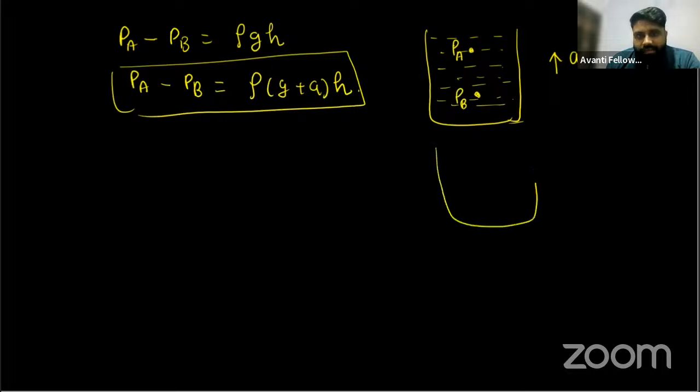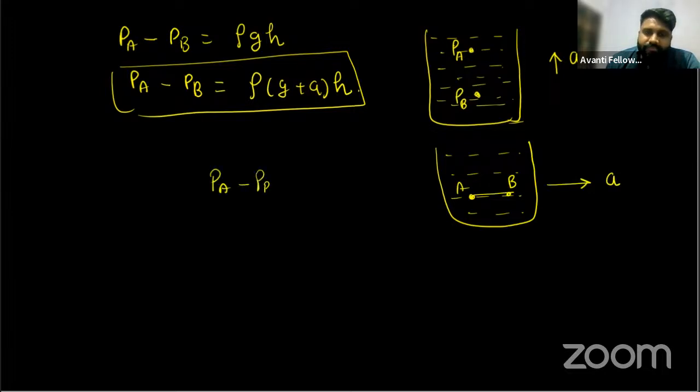But when there is a horizontal acceleration, this is A, this is B, and this is accelerating in this direction. Here the pressure difference PA minus PB will be rho into length of the vessel into acceleration.